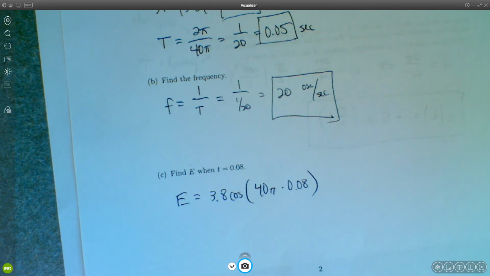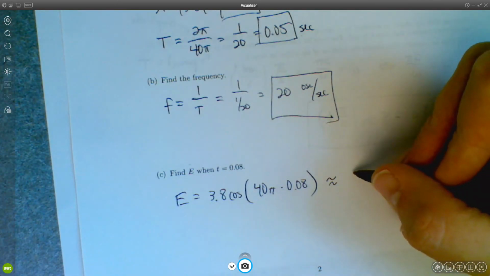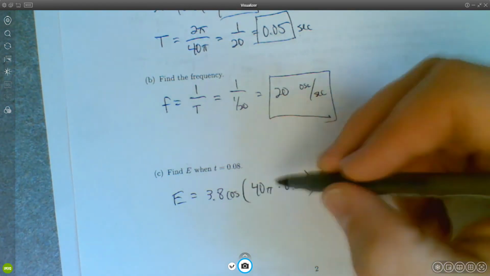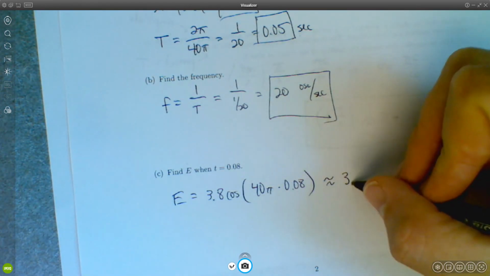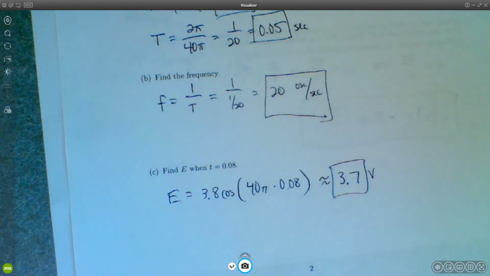I'm going to use my calculator. 3.8 cosine 40 pi times 0.08 is about, looks like we've got 2 sig figs, so we'll say it's about 3.7 volts, I'm guessing, is the unit of measurement there. That's that. Okay, so that's all I have to say for harmonic motion.